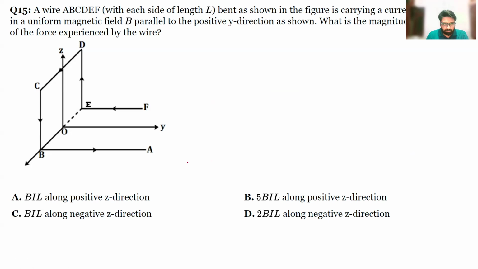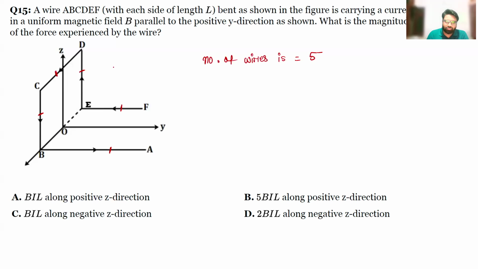Now, these are the wires: 1, 2, 3, 4, and 5. So the number of wires is 5.